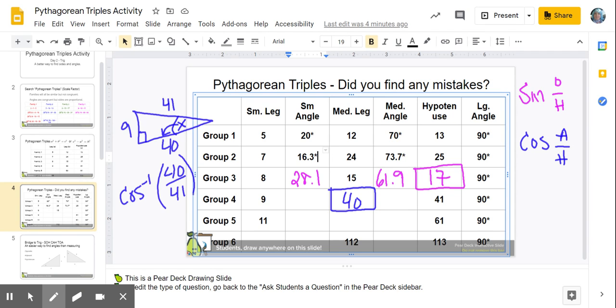Yep. There are a lot of little details to keep in mind here. So inverse cosine of 40 over 41. That is a skinny little triangle. So 12.7 is the X. So what's the Y up here, the medium angle?